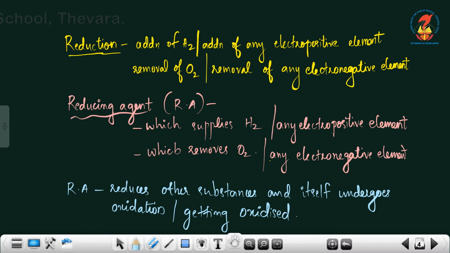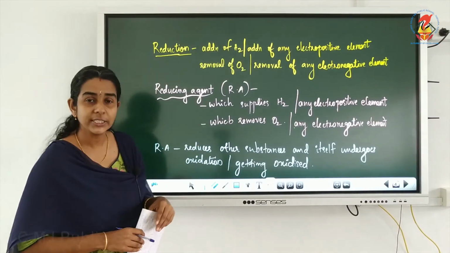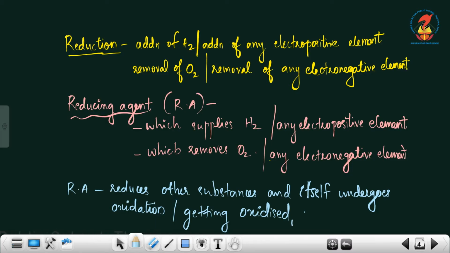Removal of oxygen is reduction, so which removes oxygen, or removes an electronegative element, can also be called a reducing agent. Simply, a reducing agent always reduces other substances and itself will be undergoing oxidation, or getting oxidized.